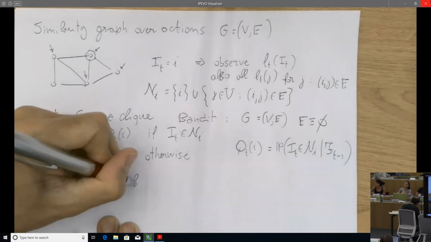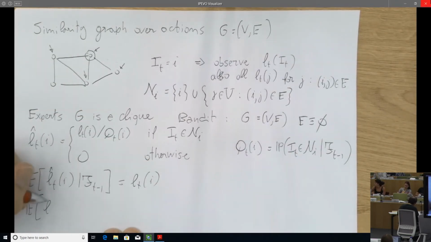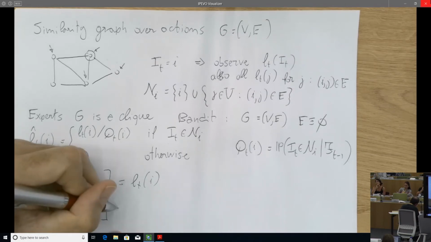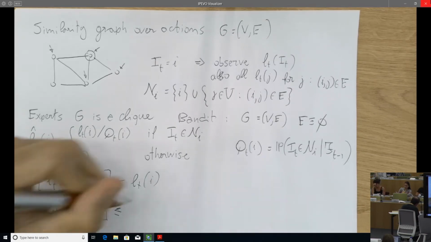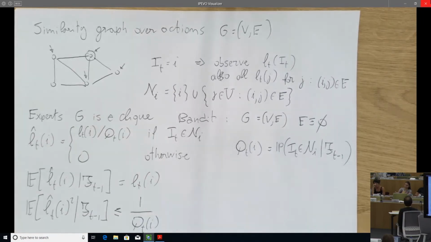So I'm going to get the unbiased estimate as before, and the same thing for the second moment. I can write it directly: 1 over Qt of I. So what did I gain here? I must have gained something with respect to bandits. What's better here?